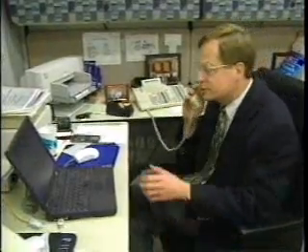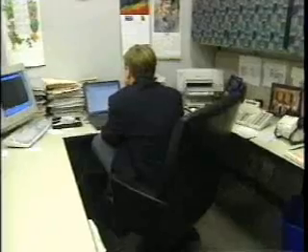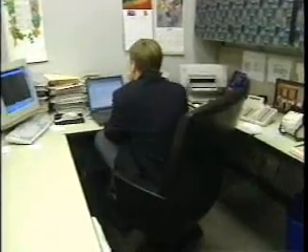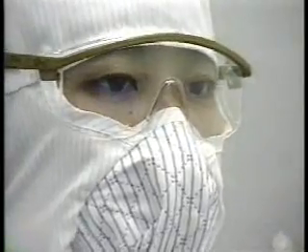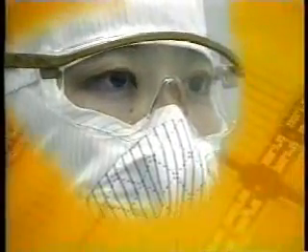And if at that point, because of an error in our test program or a customer correlation issue or some other problem, we have to end up scrapping product, it becomes very expensive. So that directs our focus on where to put yield improvement efforts, cost reduction efforts, and engineering efforts, and in particular, it focuses our effort on how we deal with customers, making sure that at the end of the day we're meeting their expectations and their requirements.